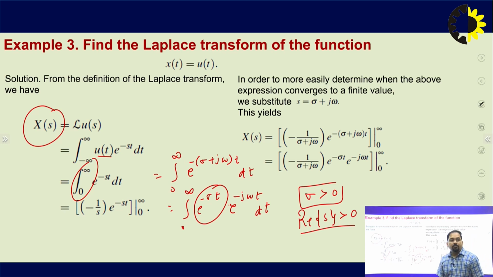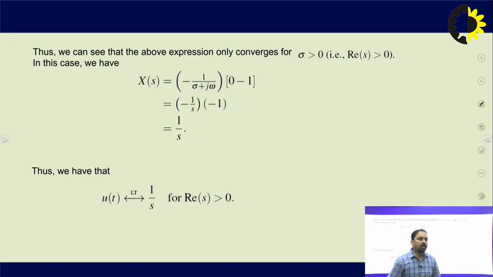So for the real part of s, or sigma, greater than 0, the transform of u of t will converge, and that's why we get the result X of s equal to 1 by s. So here we have the complete answer: the transform of u of t equals 1 by s for all real part of s greater than 0.